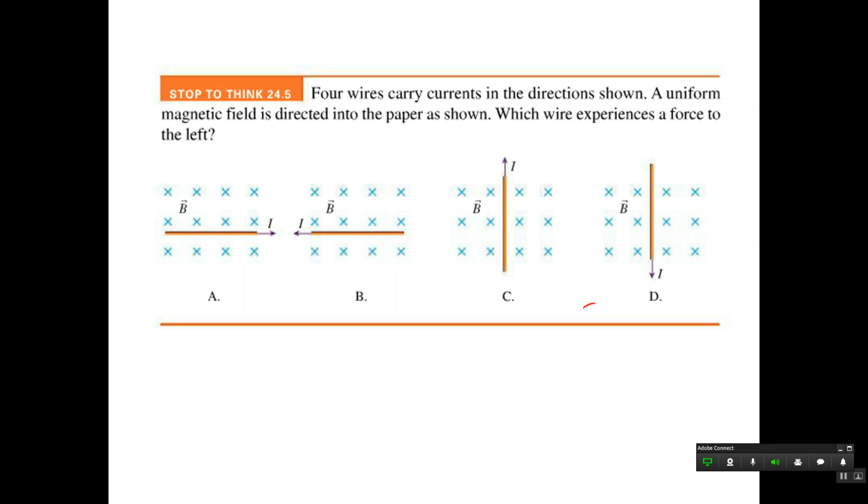I want you guys to use your right hand, or use your left hand if you think it should be negative charges moving, and tell me the force of each of these situations. So I want you to see my right hand here.